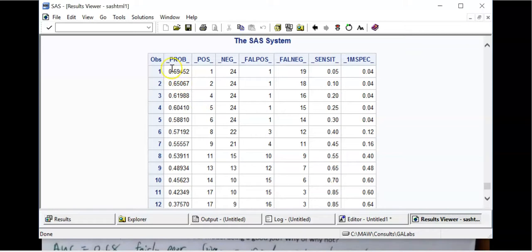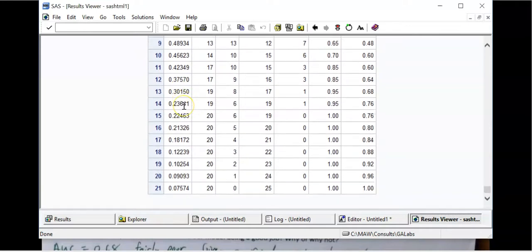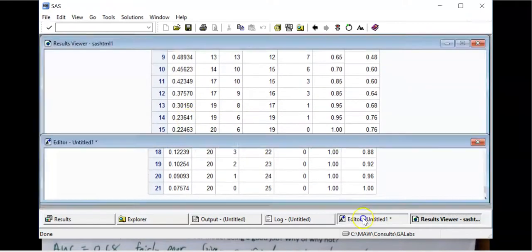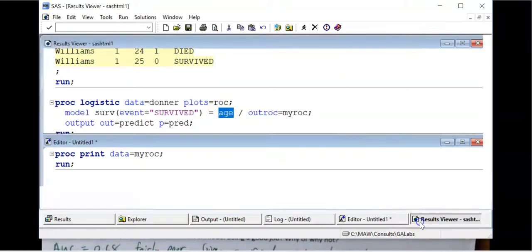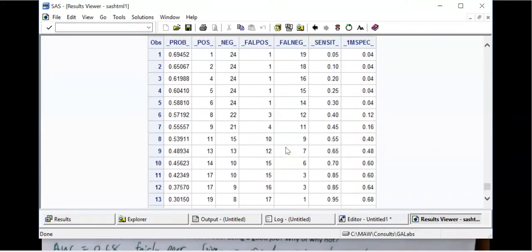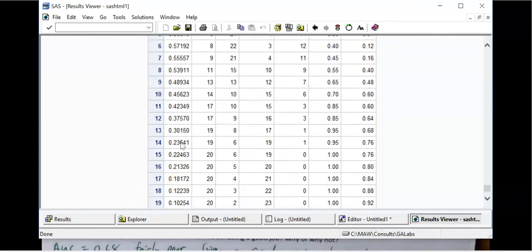So the ROC curve will use predicted probabilities, all the predicted probabilities that are in our data set. And remember that the only explanatory variable that we had in here was age. And it turns out there are 21 distinct ages in our data set. So there are 21 distinct predicted probabilities.